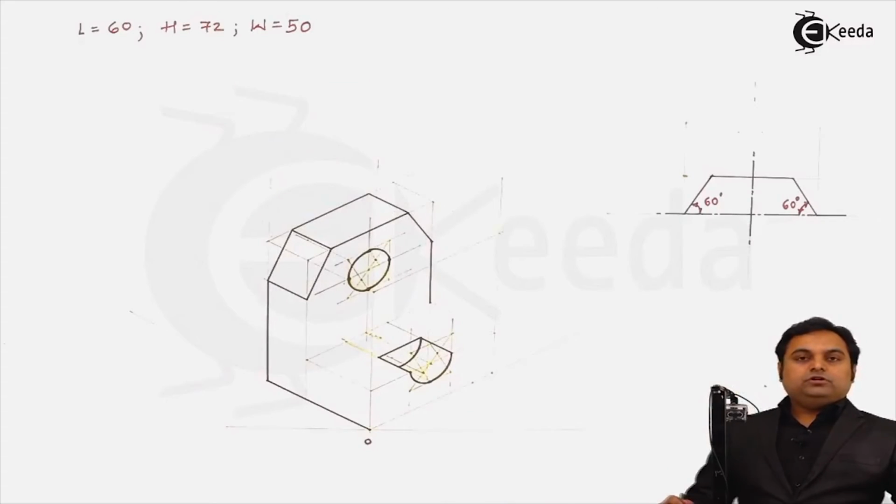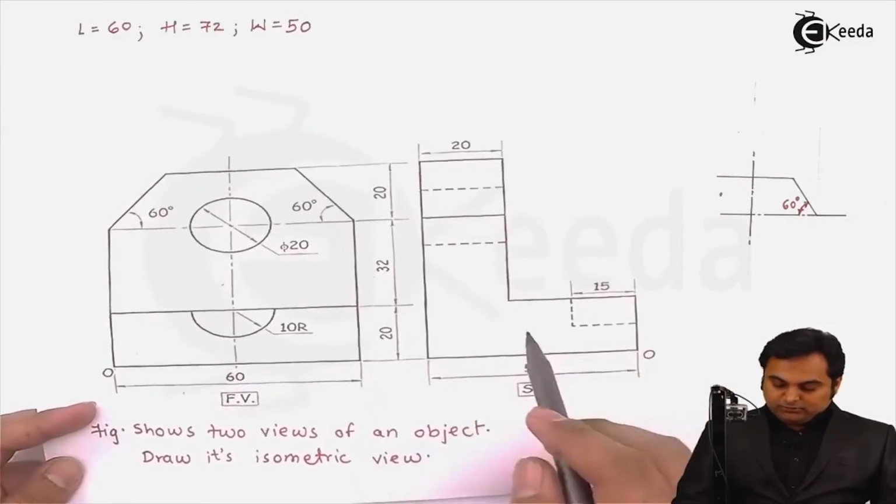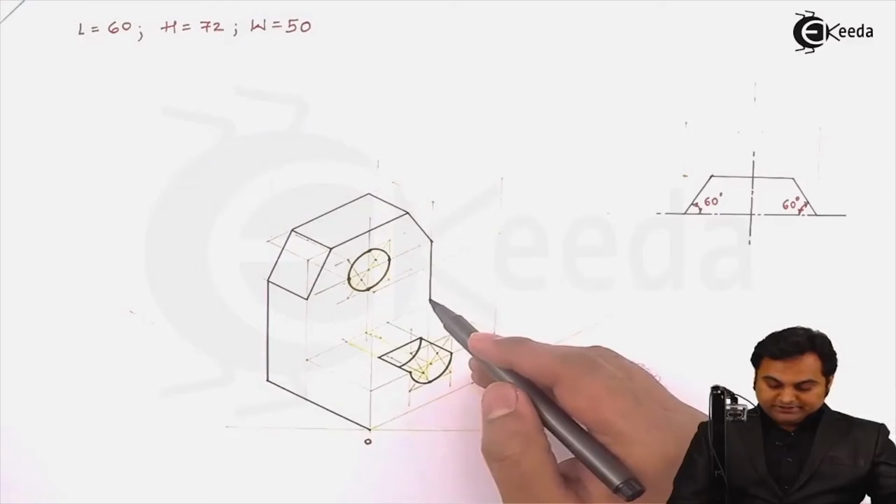Now both the vertical and horizontal blocks are connected, so I'm connecting them.